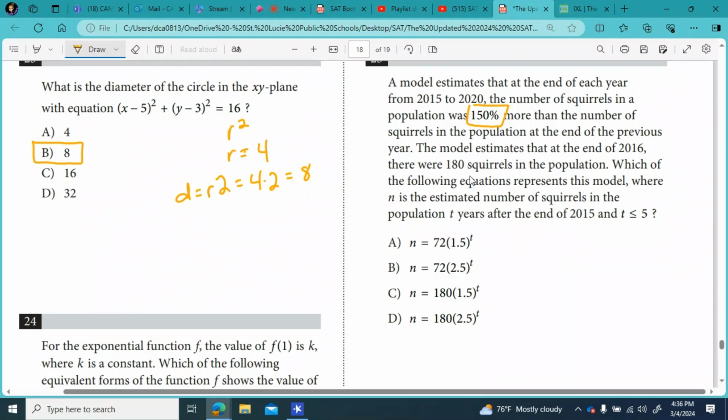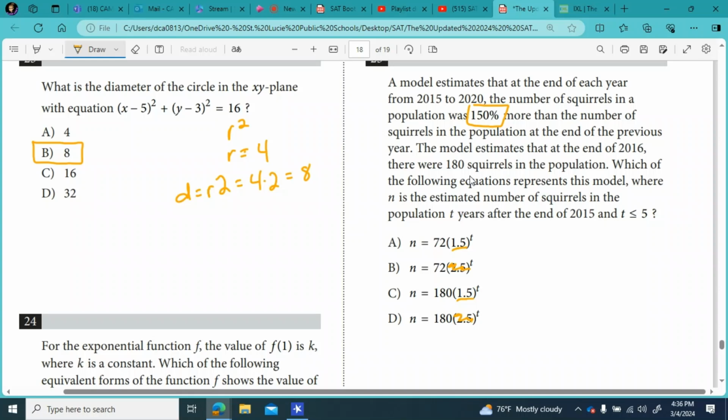So we've got an exponential function where we're increasing 150%, and that's these two right here, not these two, okay? The model estimates that at the end of 2016, there were 180 squirrels in the population.